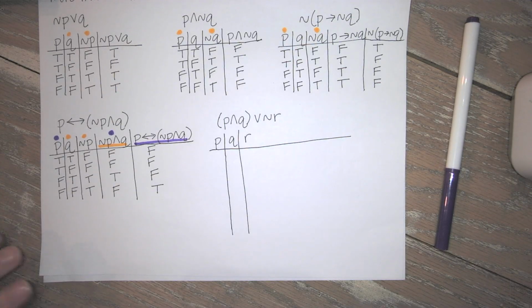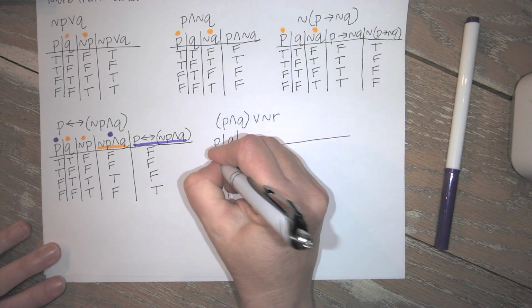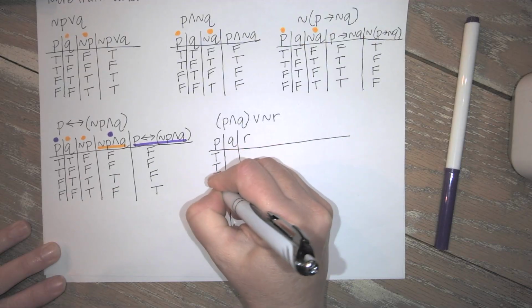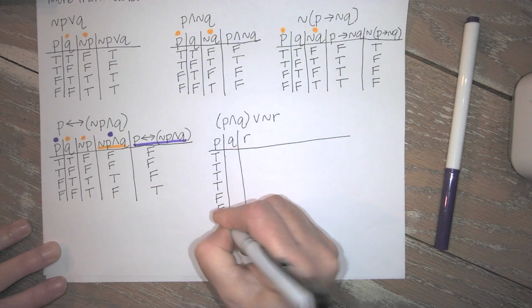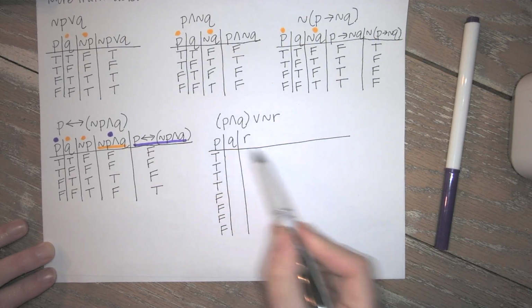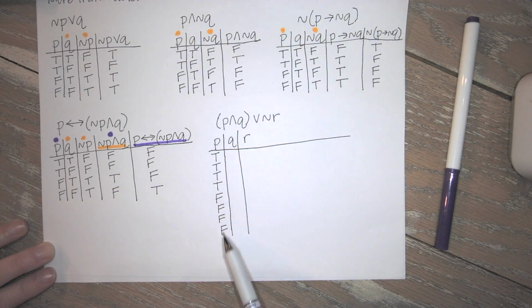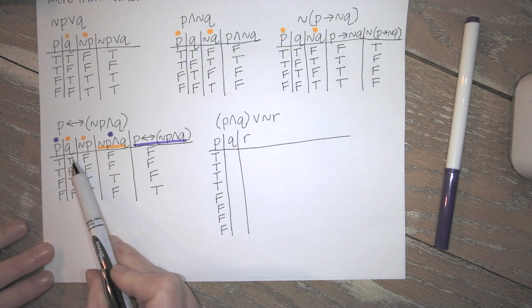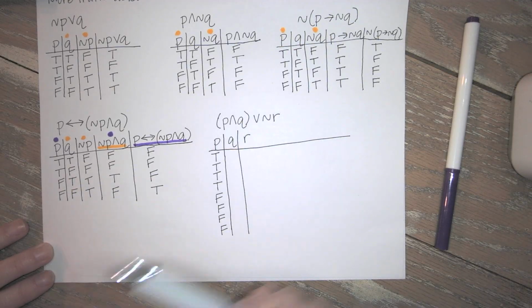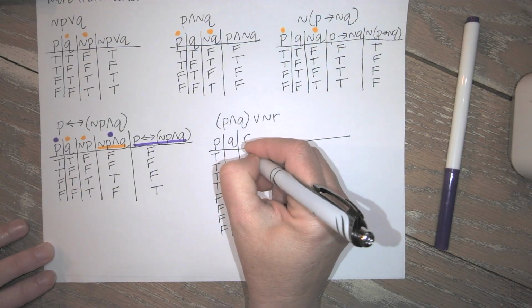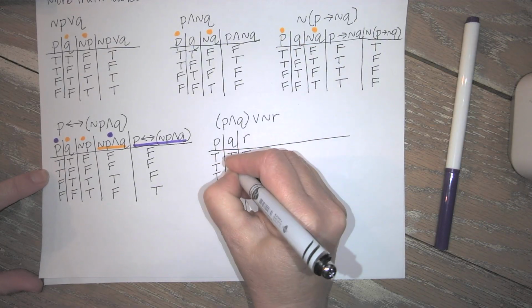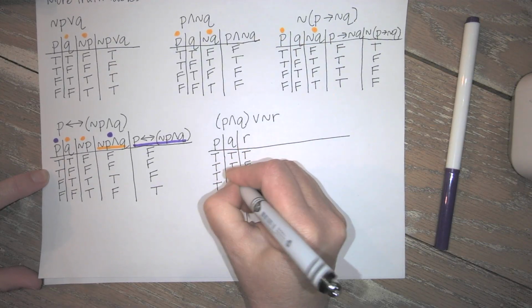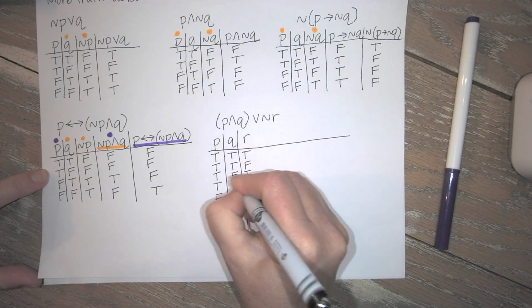Okay, so the way I do it is I put 4 trues in the P column and 4 falses, because there are going to be 4 possible scenarios where P is true and 4 where P is false. And then, because I've kind of already memorized these 4 scenarios, I list those in the Q and R columns, and I do it twice. So I'm going to go true, true, true, false, false, true, false, false.